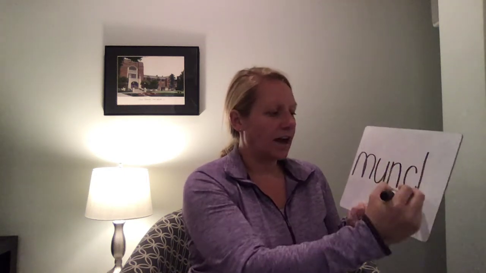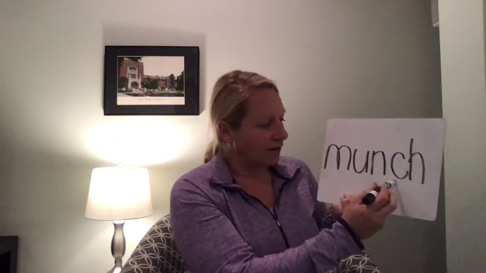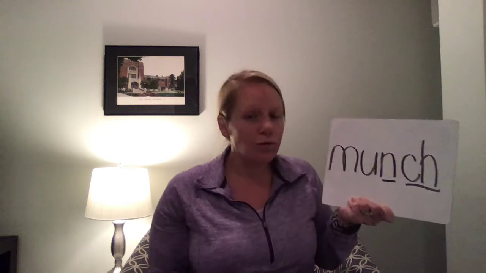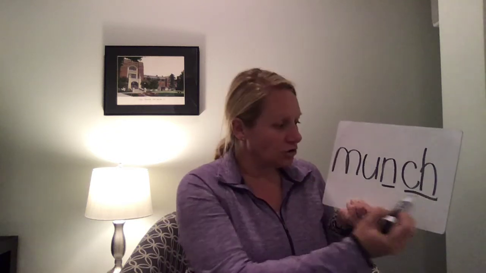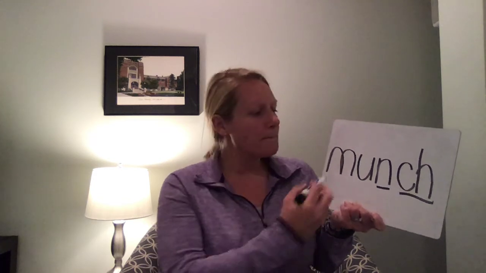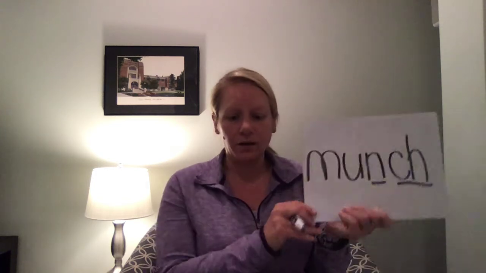Ch. Digraph. I see my digraph ch, and I see my consonant right before it. Munch. Sometimes that consonant can be very hard to hear, but we have to make sure it's in there. Otherwise, it changes the whole sound of the word. Munch. Good. Change munch to runch. What stays the same?